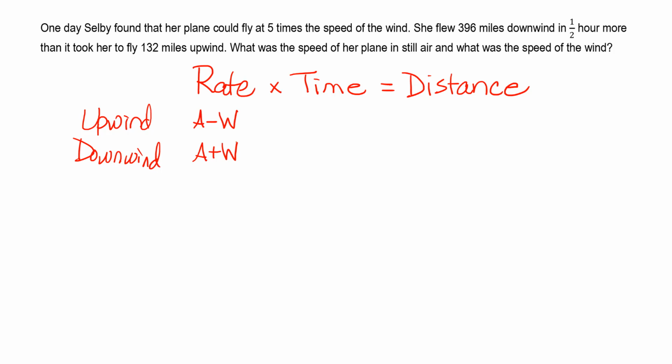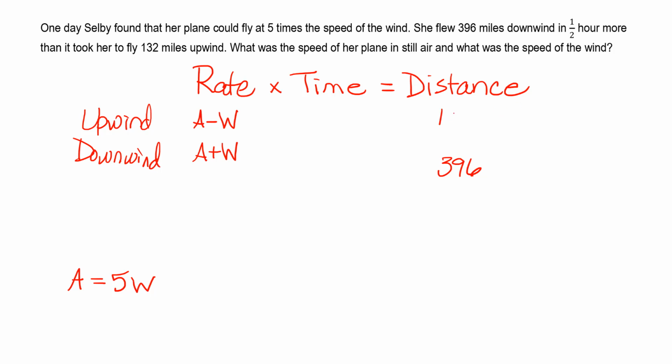All right, so let's see what information they give us. She found that her plane could fly at 5 times the speed of the wind. So we can put this somewhere else. The airplane's speed is equal to 5 times the rate of the wind. She flew 396 miles downwind, and that took her a half hour more than it took her to fly 132 miles upwind.